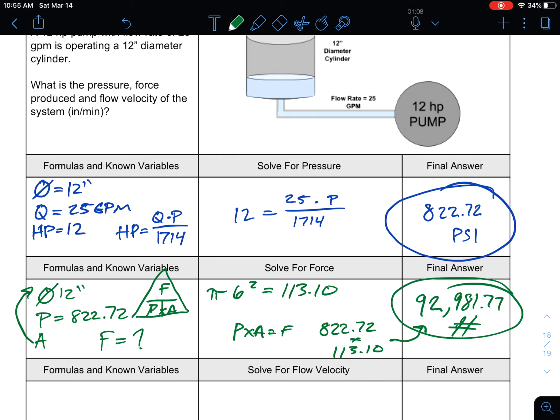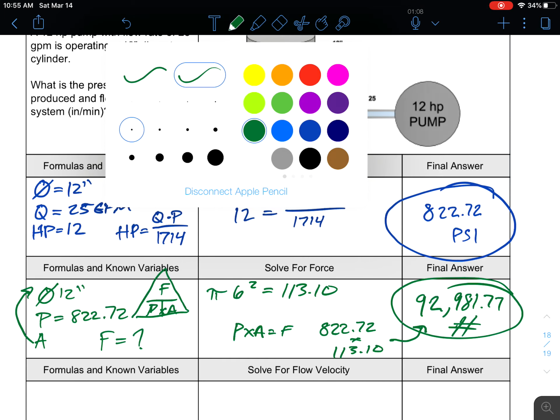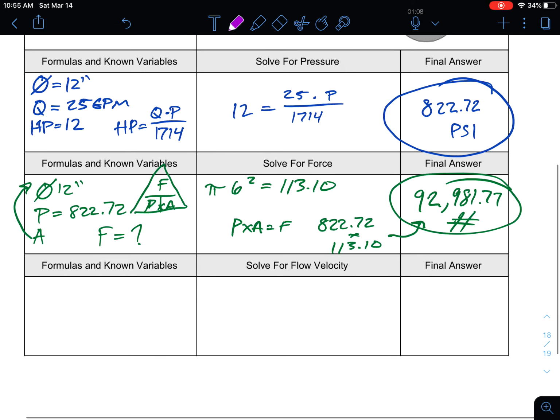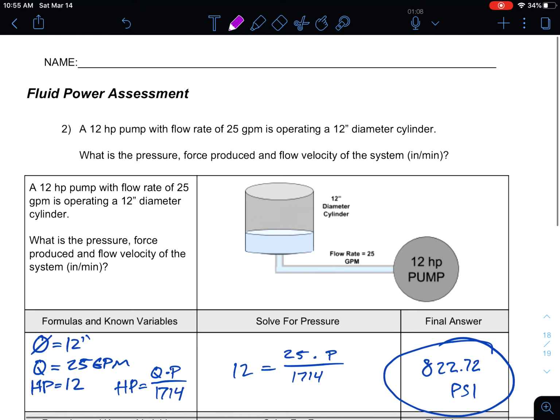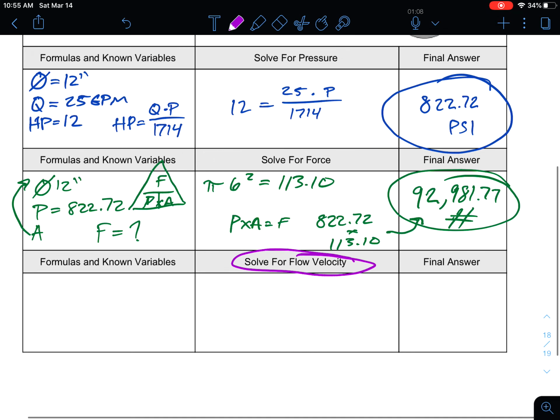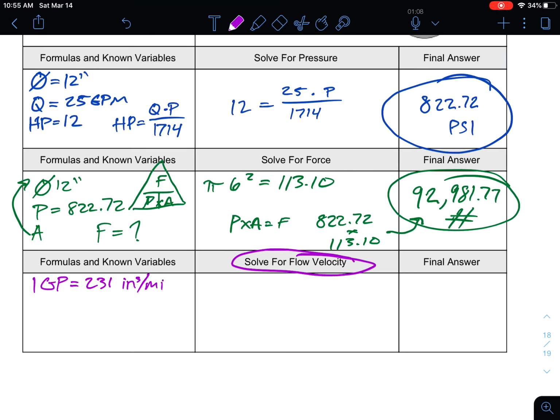Cool. So we are moving through this. We have one more to go. We are looking for flow velocity. If we go all the way up here, it says flow velocity of the system in inches per minute. So we need to do a little conversion calculation here, where we know that 1 gallon per minute is equal to 231 inches cubed per minute.